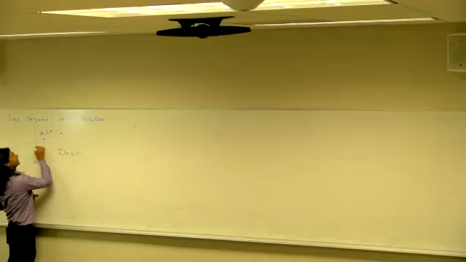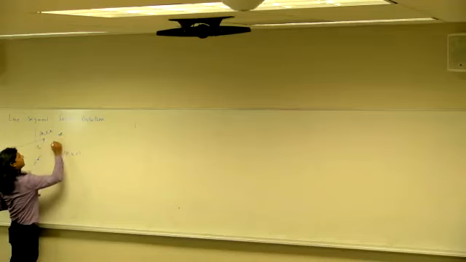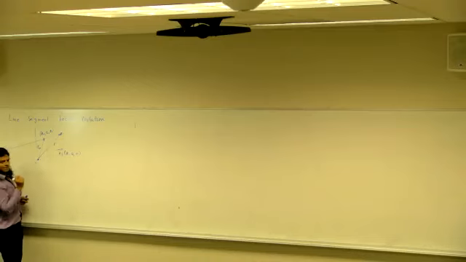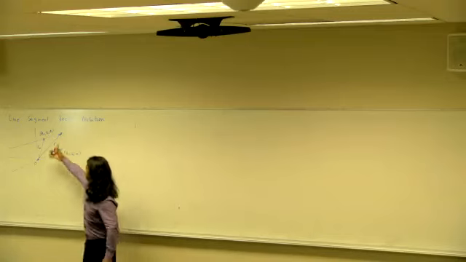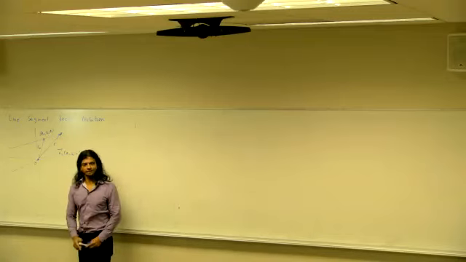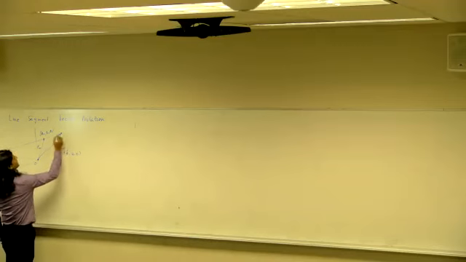I called this R0. And over here, I mentioned, well, since that is parallel, any scalar multiple of V can be used there. Agree? Okay.